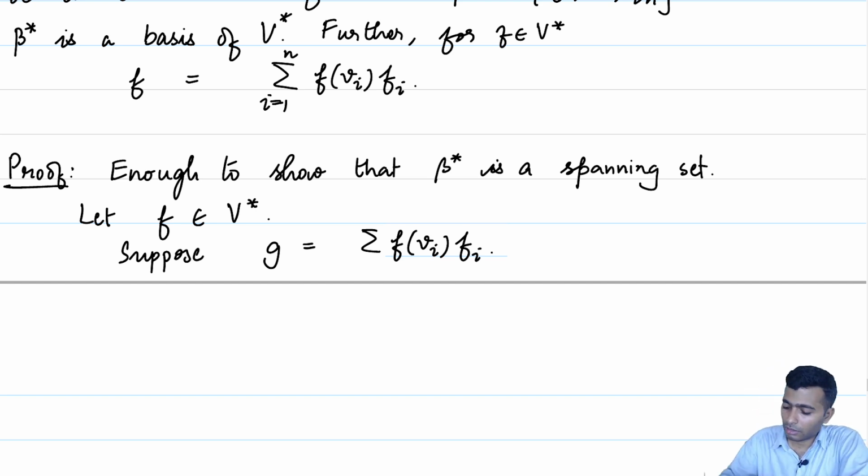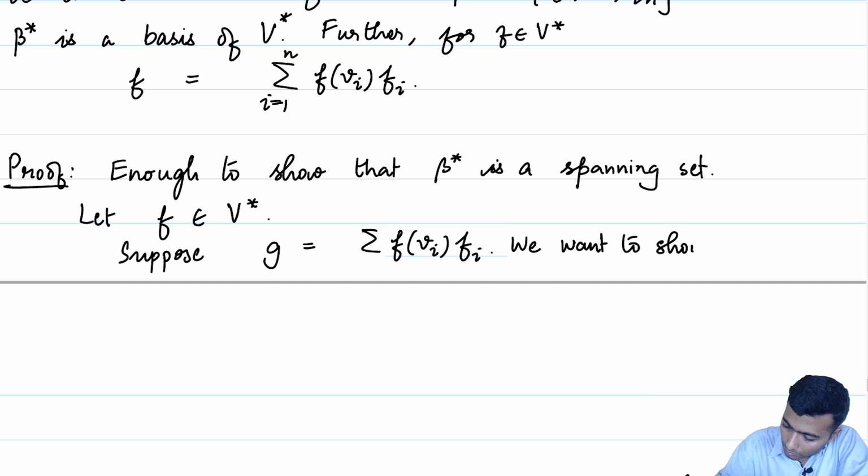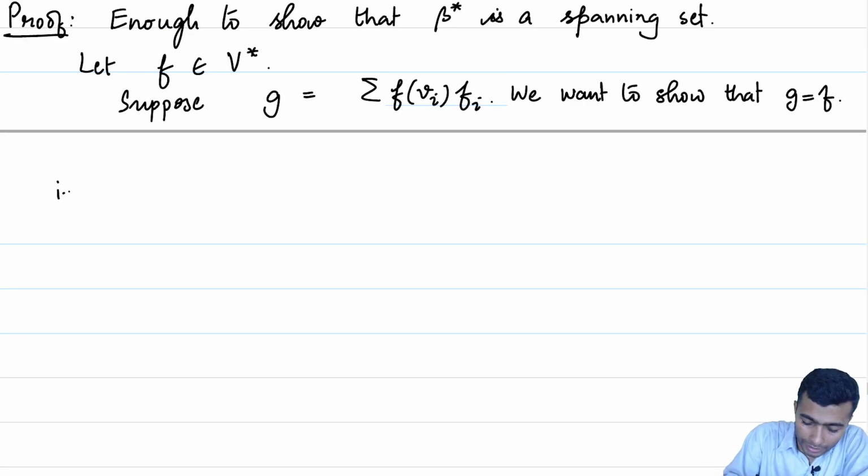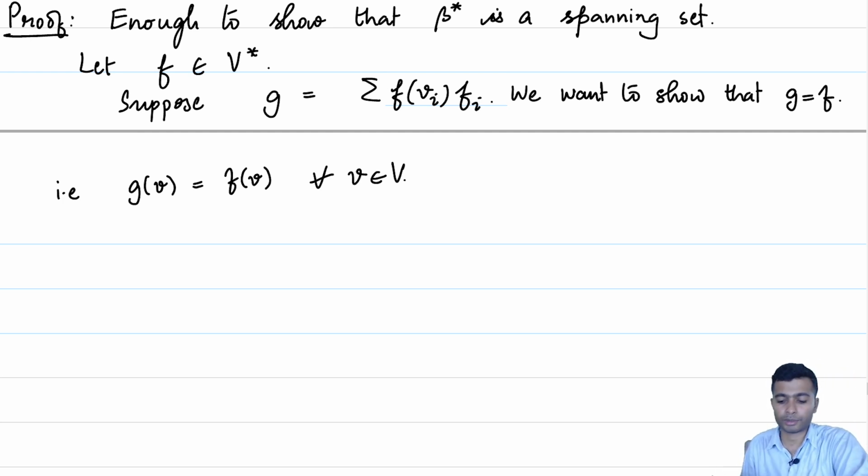Let us call it G. We want to show that G is equal to f. What is the meaning of G is equal to f? I.e., G of V is equal to f of V for all V in capital V. This is what we would like to show.